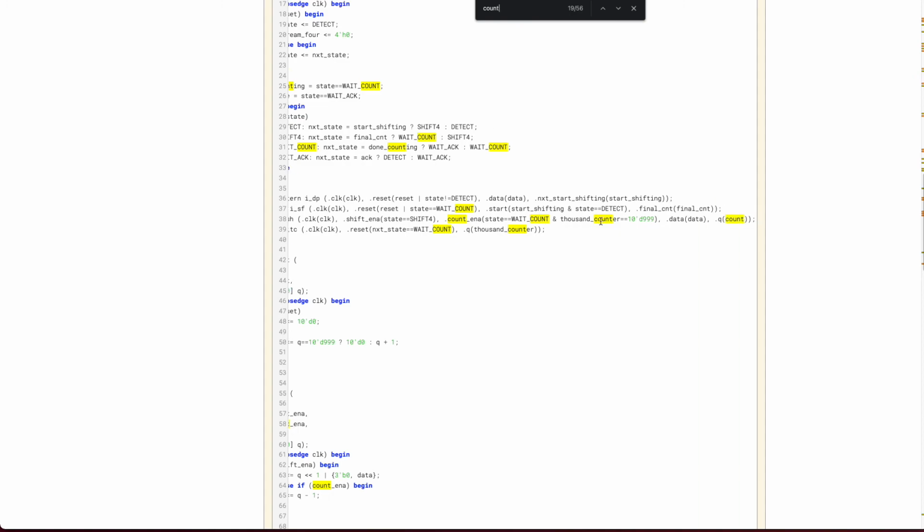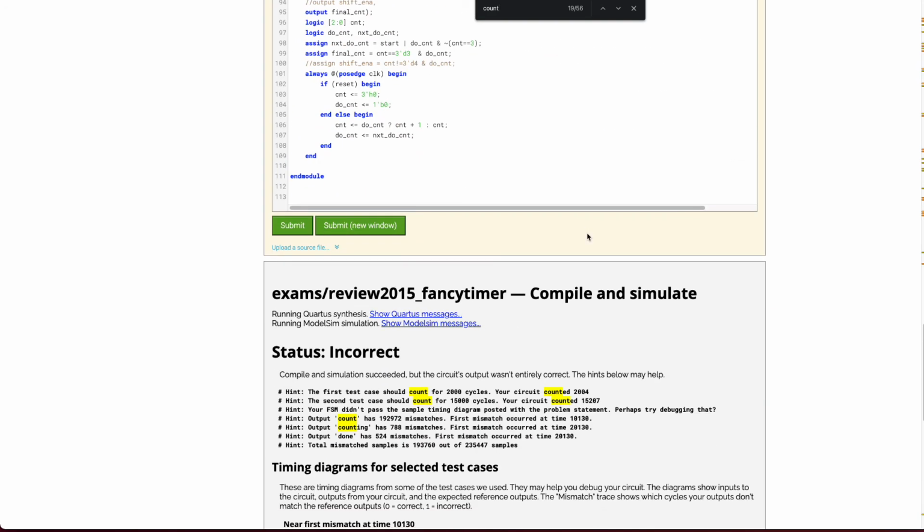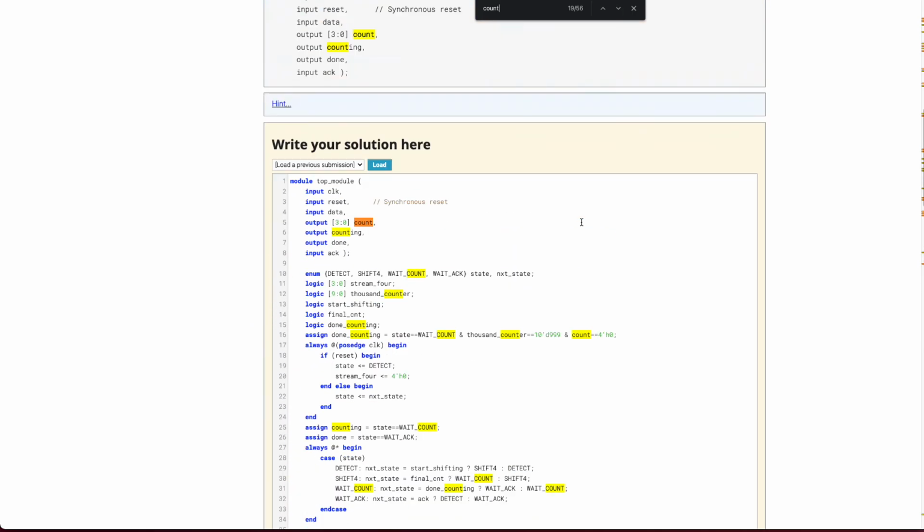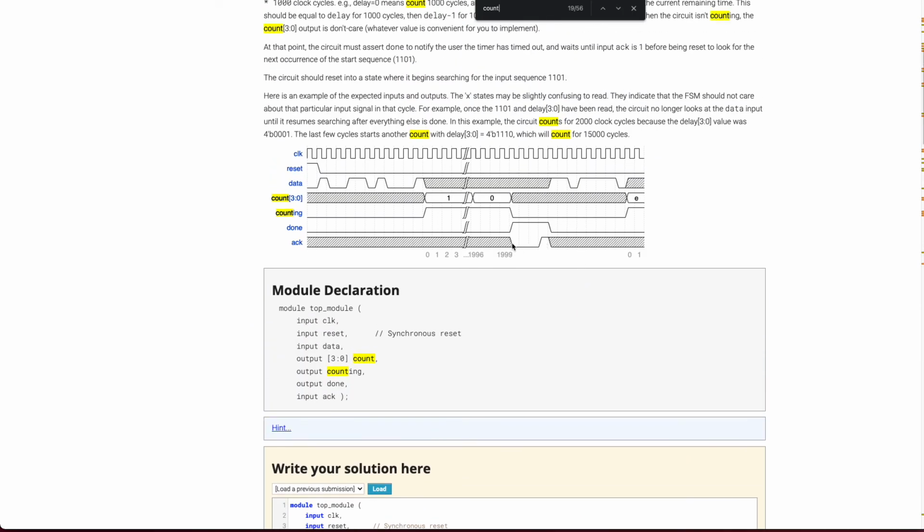So 0 to 999, 999 would be the thousandth. 2004 cycles.